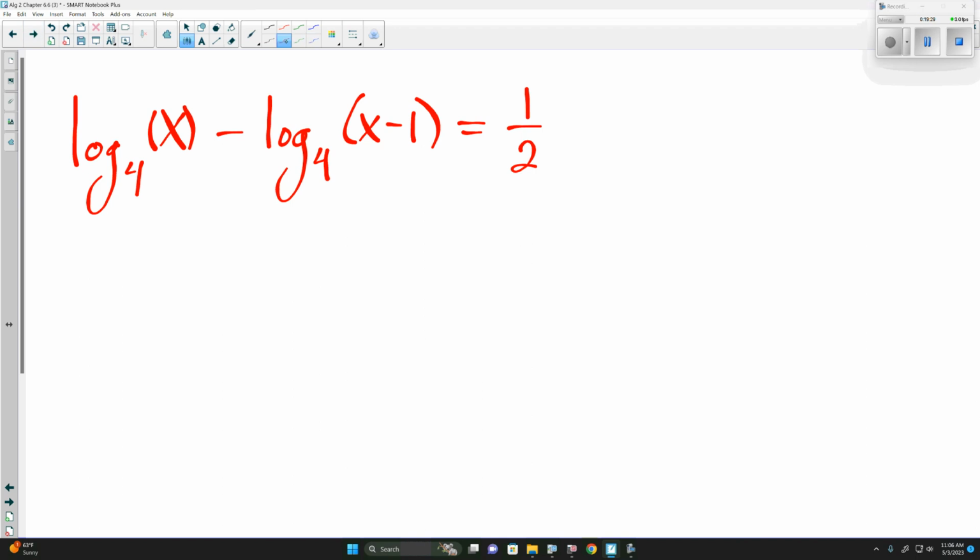Now again, with this here, because we have two logs being subtracted, I can write it as a single logarithm with what's inside being divided.